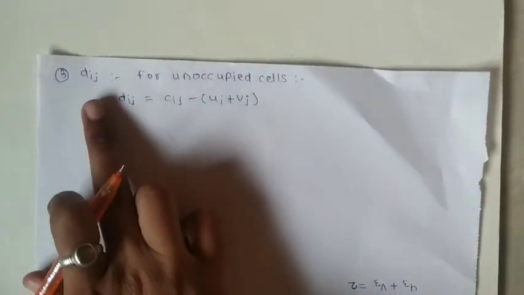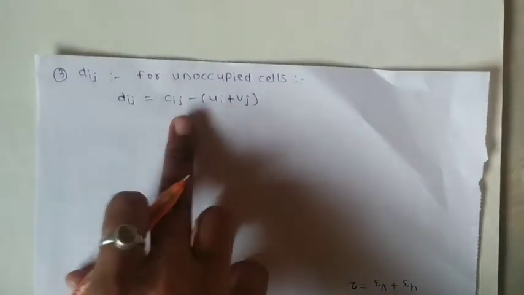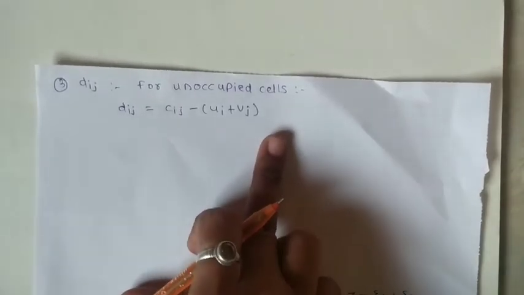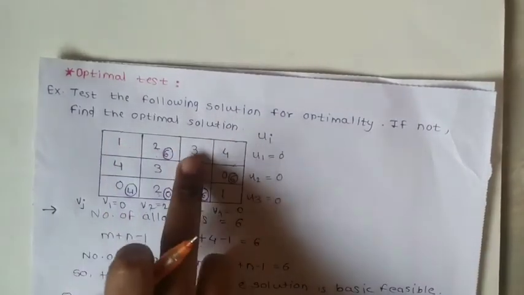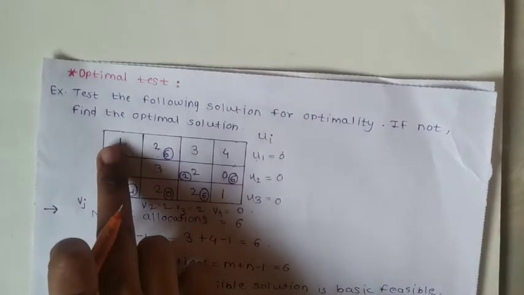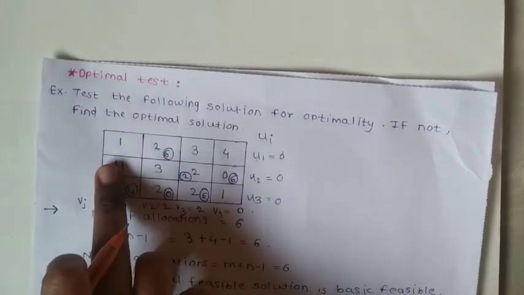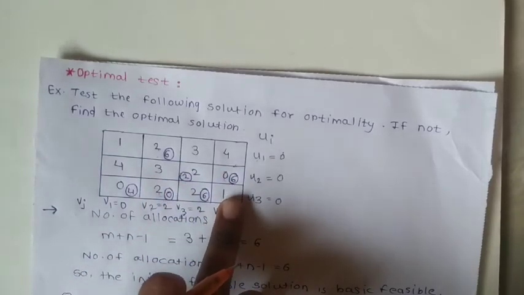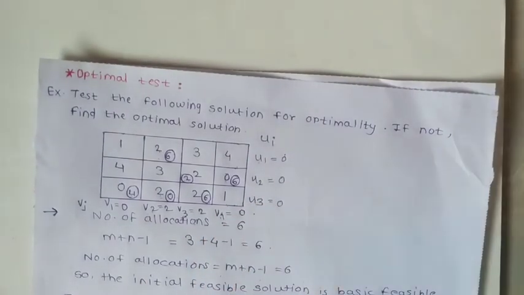Now we find Dij. For unoccupied cells, we use the formula Dij equals Cij minus Ui plus Vj. For these unoccupied cells, we find Dij. The cells are D11, D13, D14, D21, D22 and D34.